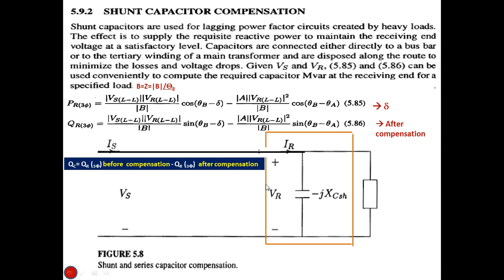So the capacitor bank will provide sufficient reactive power to maintain the receiving end voltage at a satisfactory level. The capacitors can be connected directly to the bus bar or to the tertiary winding of the main transformer, and are disposed along the route of the transmission line to minimize losses and voltage drops.